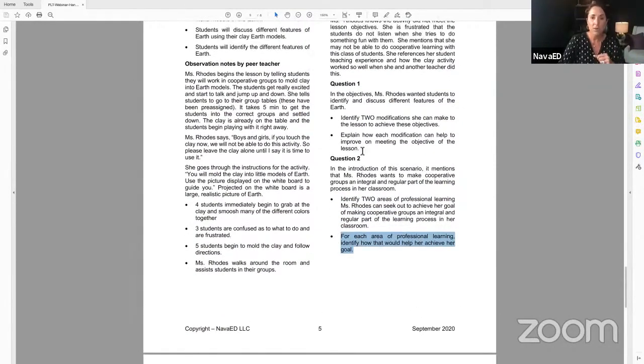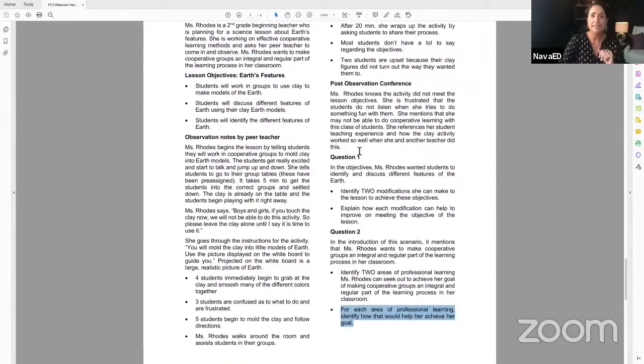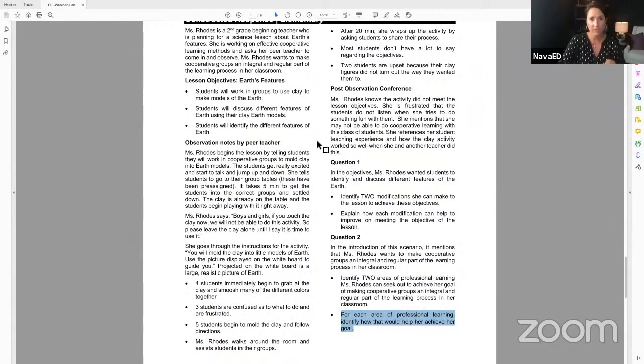All right. So basically, here's the nutshell of the scenario. I do not want to read it to you. And if you already got the handouts, you probably already read it. If not, you can read it later. But basically, you got a new teacher here. These are her objectives. So students will work in groups to use clay to make models of Earth. Students will discuss different features of the Earth. Students will identify the different features of Earth.